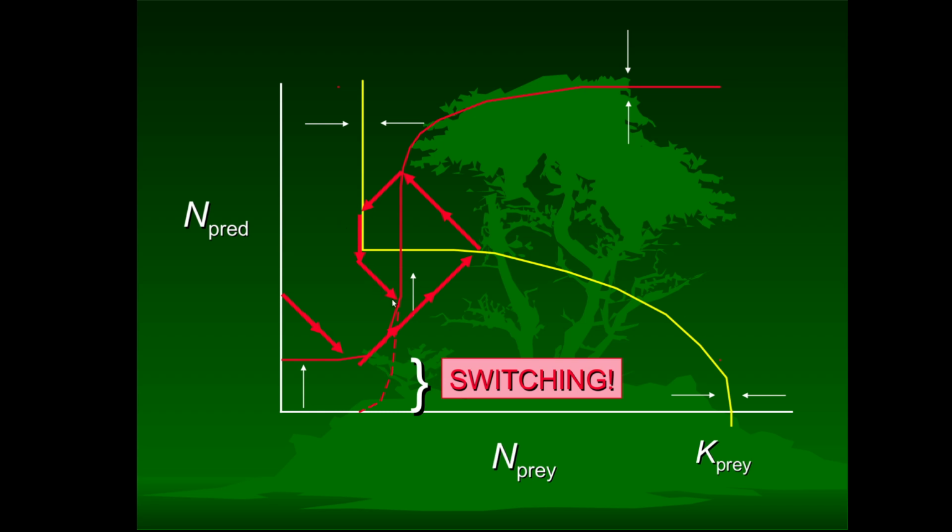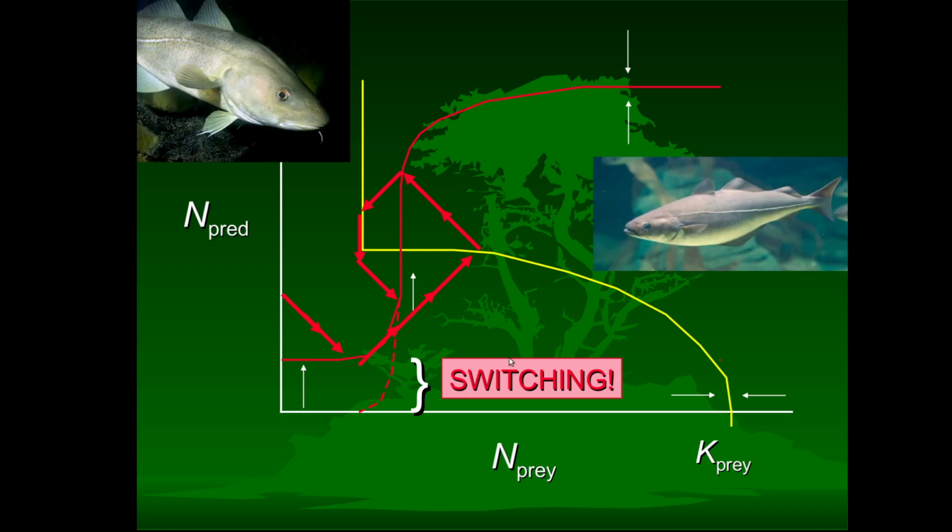We get permanent oscillations with a stable system with no possibility of extinction on either side. And it might also apply to the cod and the whiting. These predators, both of them, might have similar isocline geometry to what we're looking at here.